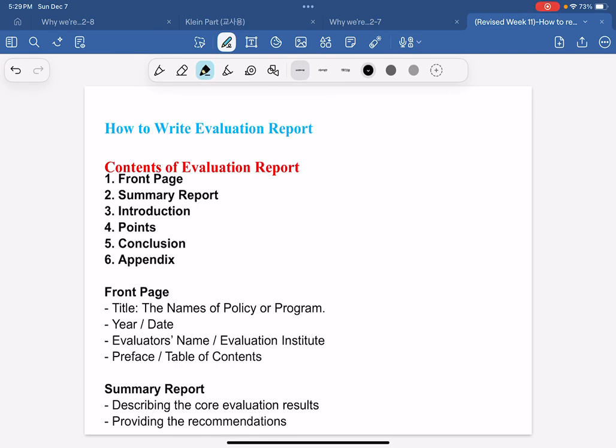And then, before the main pages, the evaluators need to summarize the result, describing the core evaluation result, and by providing important policy suggestions and recommendations.